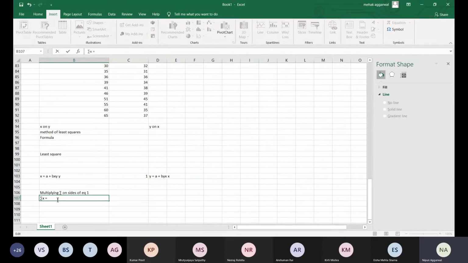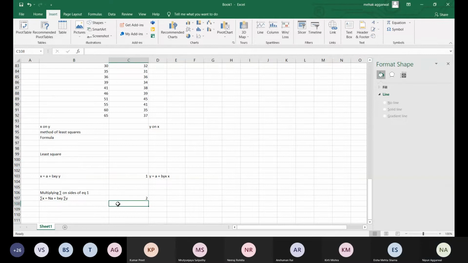Summation a means a plus a plus a plus a, which can be written as n into a, plus bxy summation y. So multiplying sigma on both sides of equation 1, it becomes sigma x is equal to na plus bxy summation y. So this becomes your second equation.